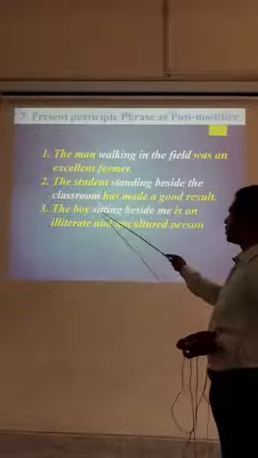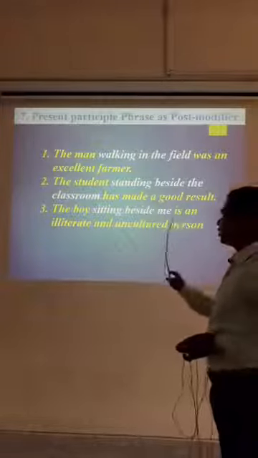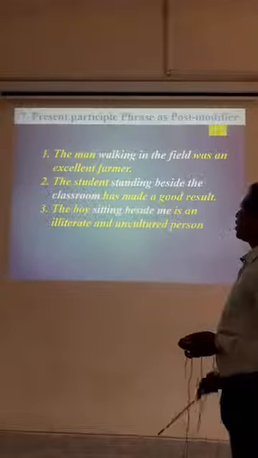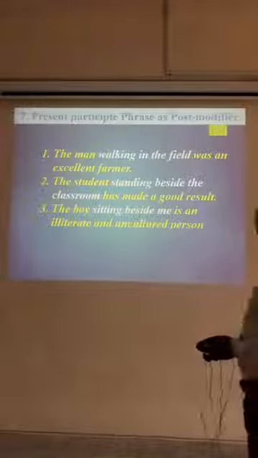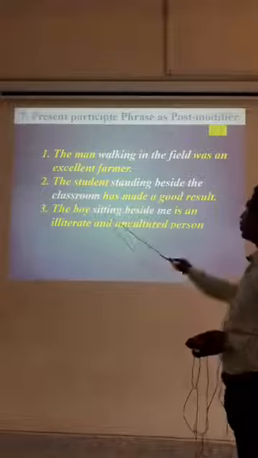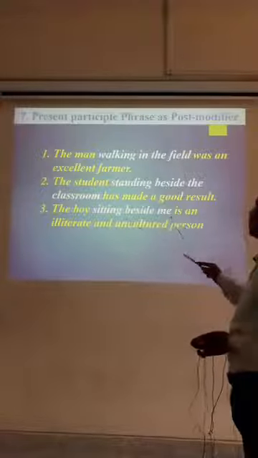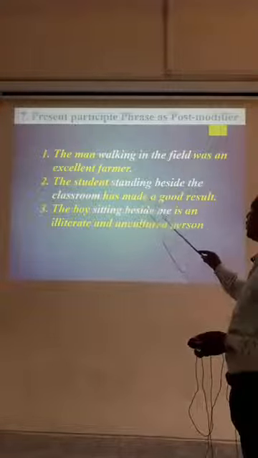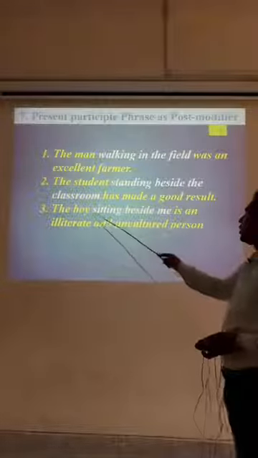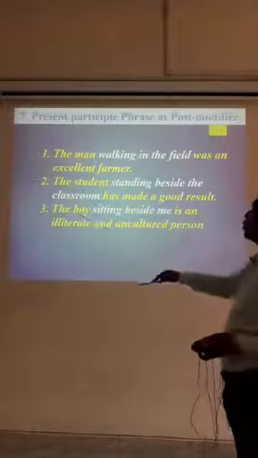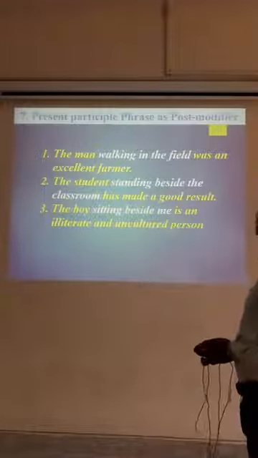That means this is sitting beside me, sitting after the word boy. So it indicates the word the boy. So it is a present participle used after the word the boy, and it is used there as post modifier.